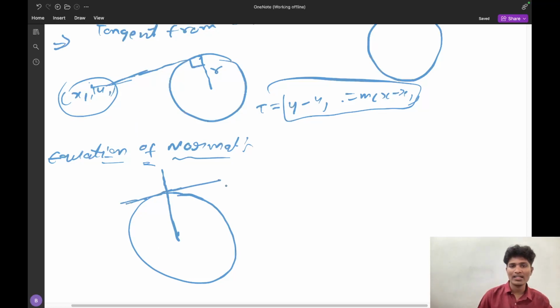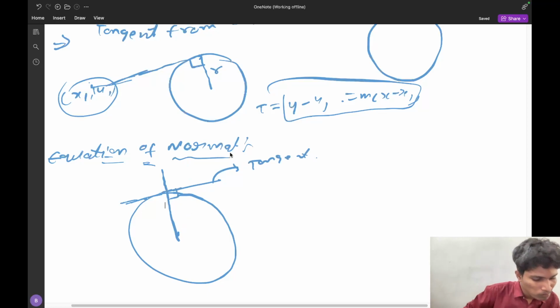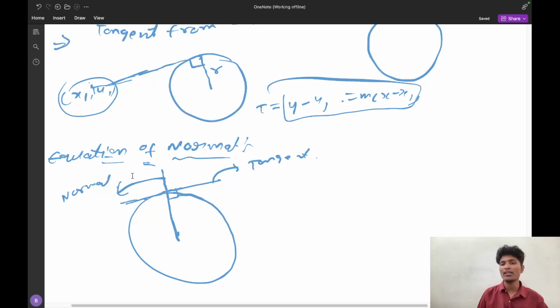Suppose this one is tangent, and the line should be perpendicular and should pass through the center. That's it. If the line is perpendicular to the tangent at the point of contact, then it is called a normal. The main important thing is this is a tangent and this is a normal. If it is perpendicular, then this is a normal.